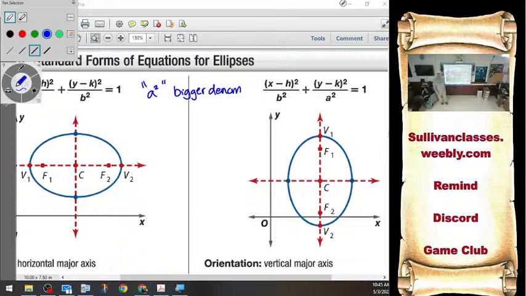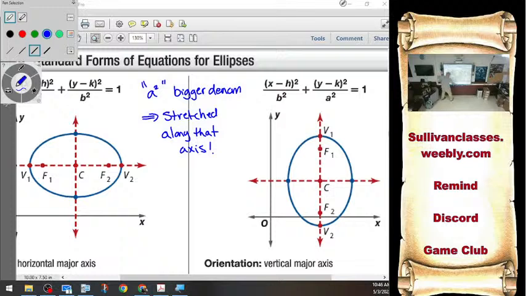Doesn't matter what order I wrote it in. It matters whether A squared is with the X term or the Y term. Because whoever has A squared, it's stretched along that axis.